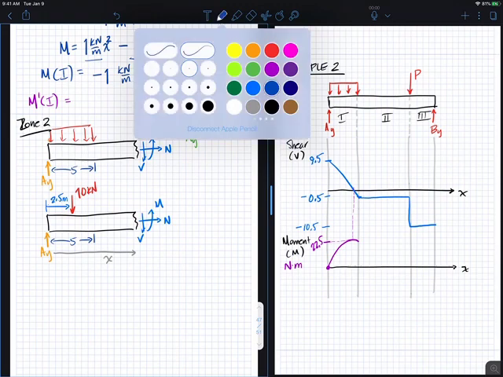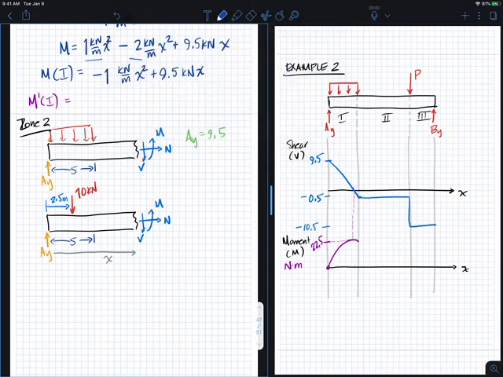Now my value for x comes like this. In fact, we can rewrite this where we have the sum of moments with respect to A, and I can just call this distance x. So the sum of moments with respect to A: for the 10 kilonewtons it's going to be a negative moment, negative 10 kilonewtons times its moment arm of 2.5 meters.